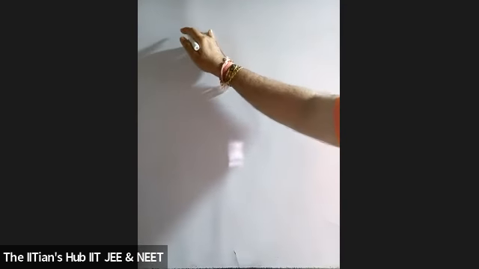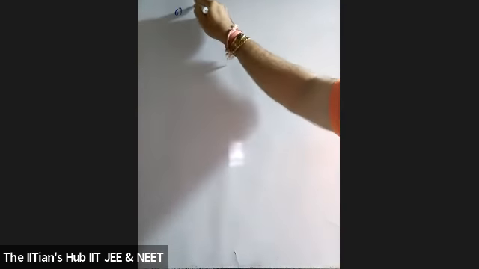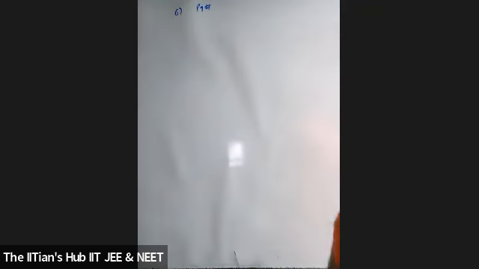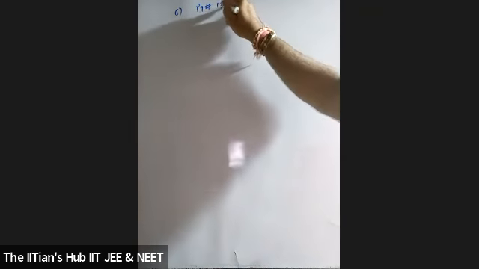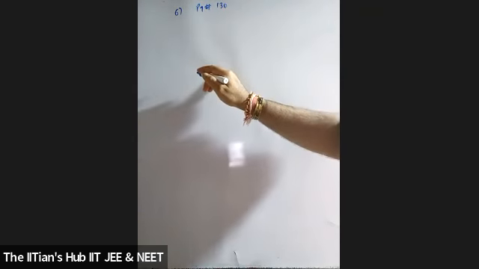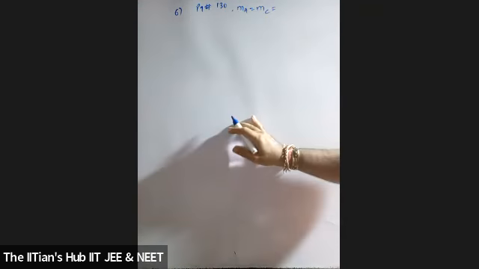I'll draw the diagram first, students. Mass of A is equal to mass of C, which is equal to 4 times mass of B. Okay.